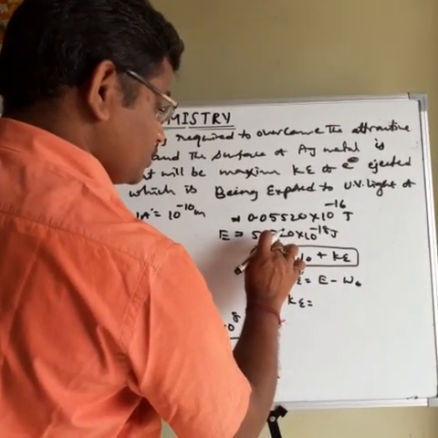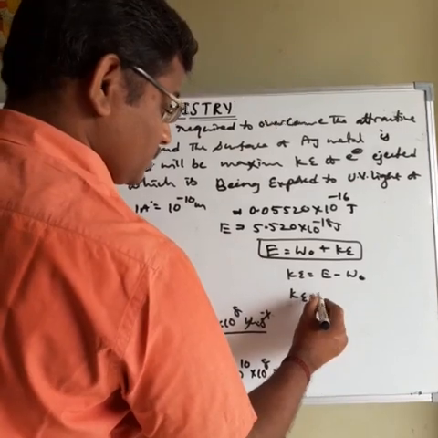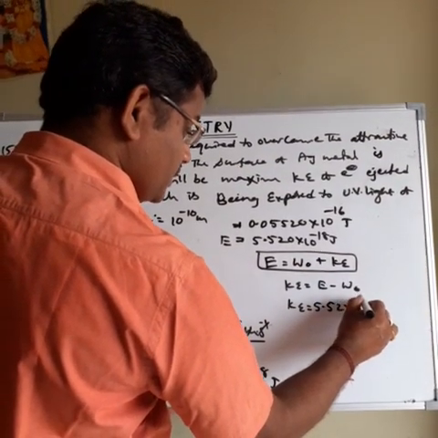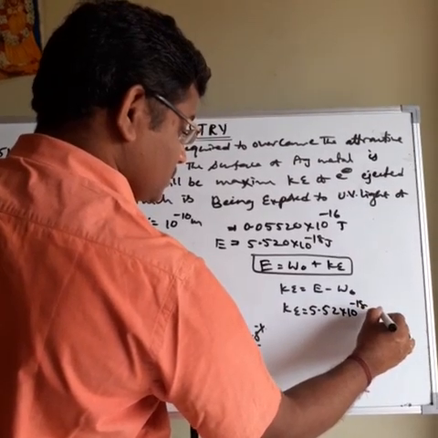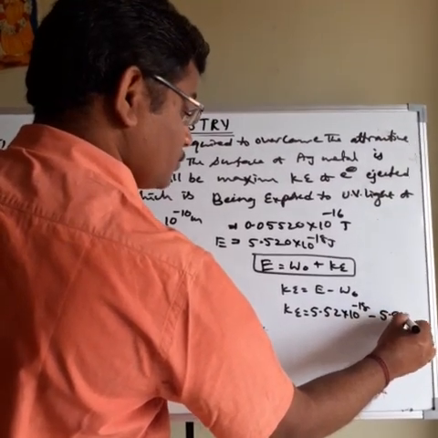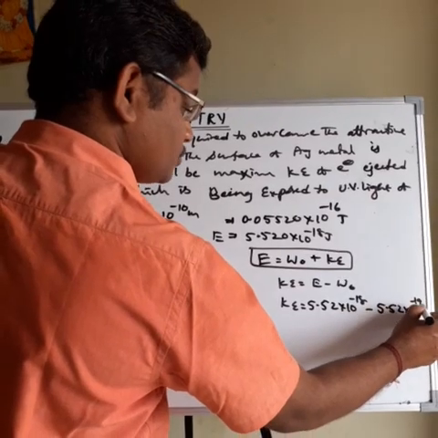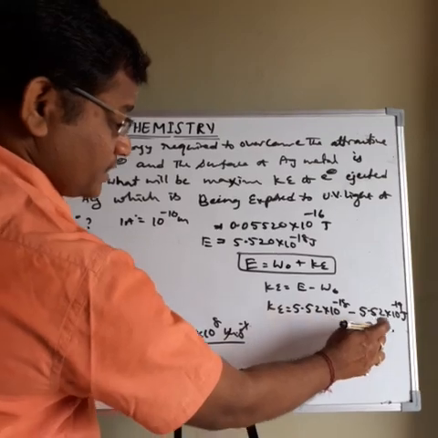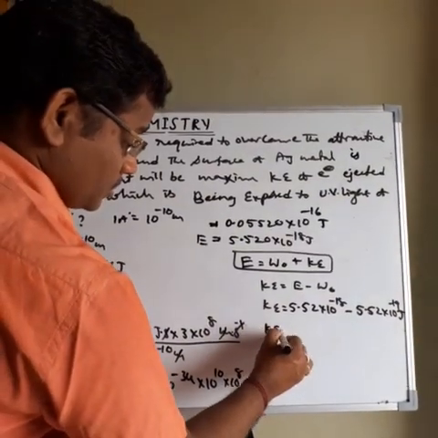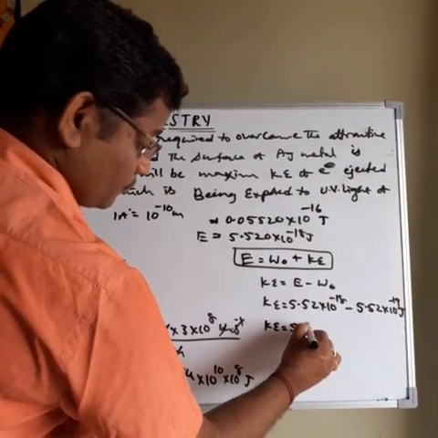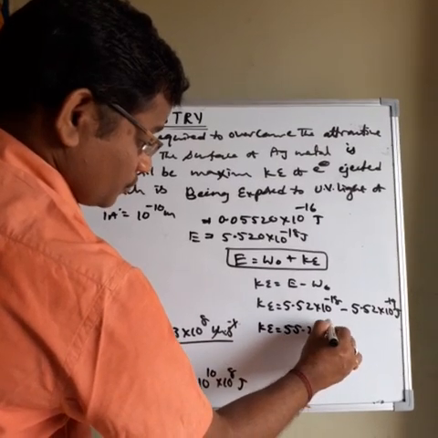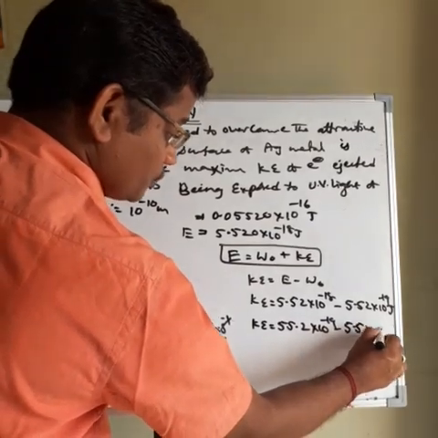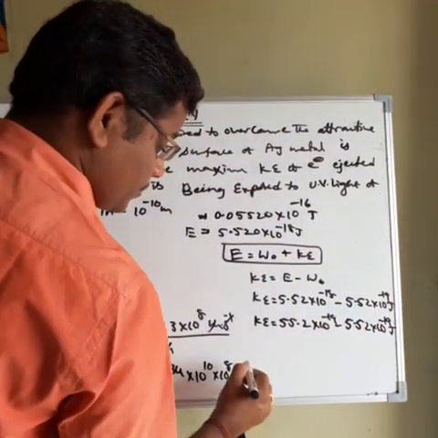Change the point here by 2 digits, then 10 power minus 19. So 55.2 into 10 power minus 19 joule, minus 5.52 into 10 power minus 19 joule.